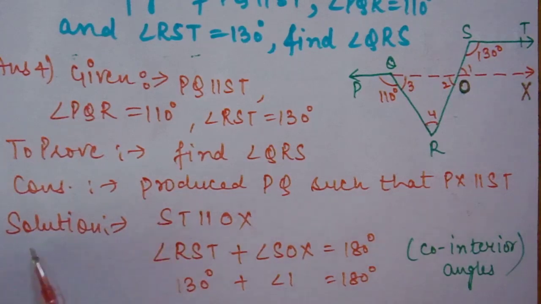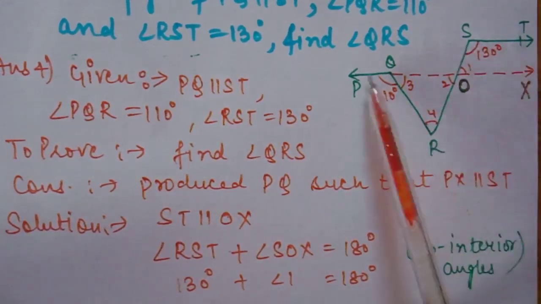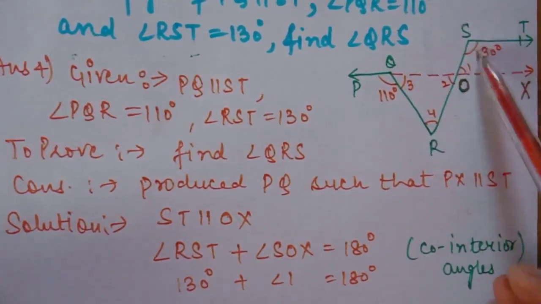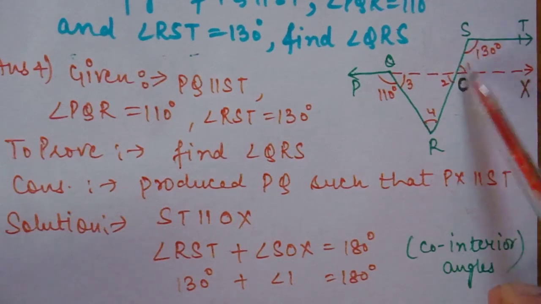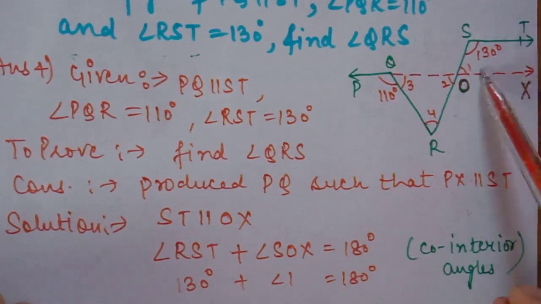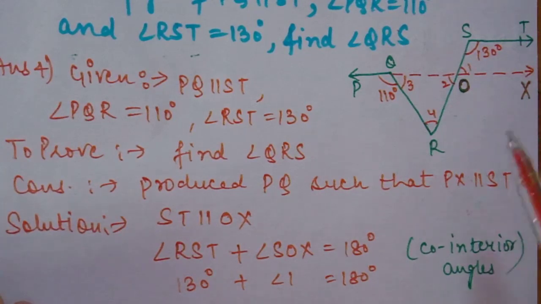Solution: if ST is parallel to PX, then definitely the sum of these two angles is 180 degrees because they are a pair of co-interior angles. What are co-interior angles? Angles which are present in the interior part of two parallel lines and on the same side of a transversal line.